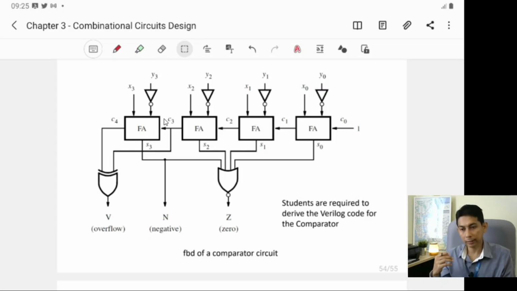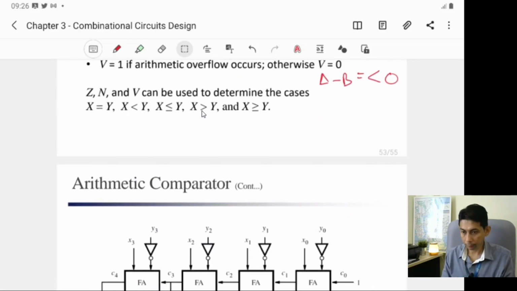You can create an adder to do addition, you can also use this circuit to do subtraction, and you can use the same circuit to compare numbers. Okay, so that is the idea. Alright, so before we go to multiplier, any question?